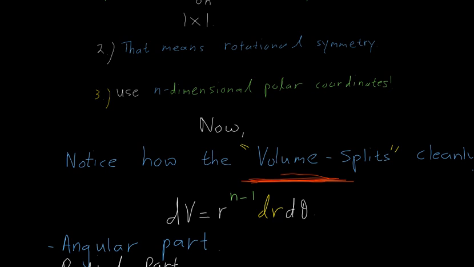So that's what you need to know. When you have n-dimensional polar coordinates, then you use dV is equal to r to the n minus 1 dr d theta. Now, there are some things that you need to digest and understand here: there is an angular part and a radial part to this dV being r to the n minus 1 dr d theta. I'll give you a moment to think and try to figure out which one is the angular part and which one is the radial part.